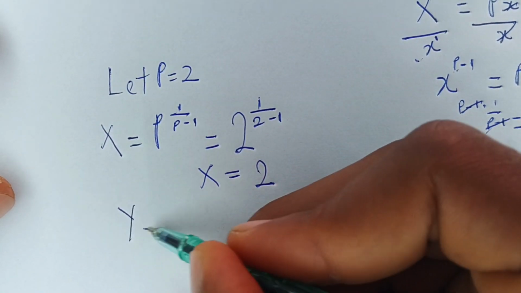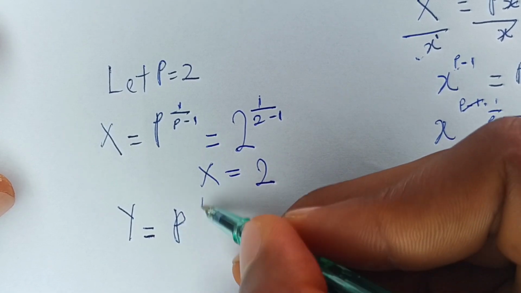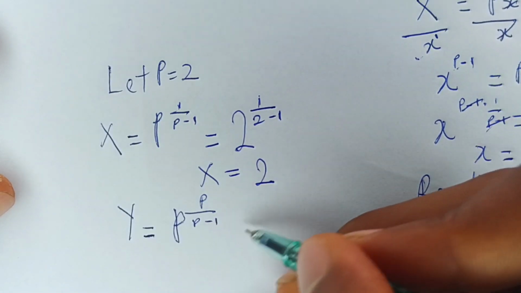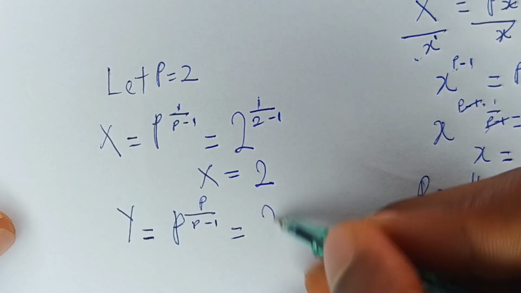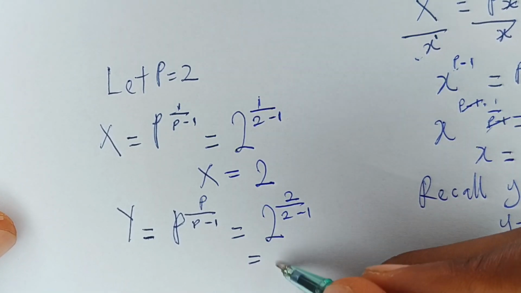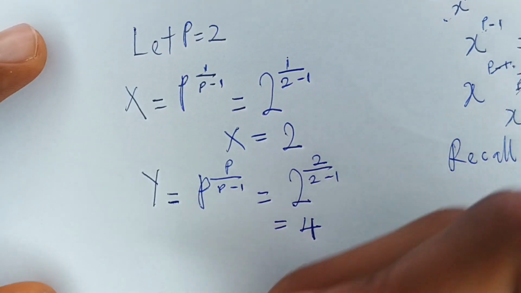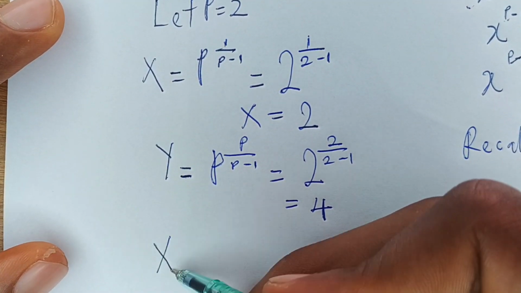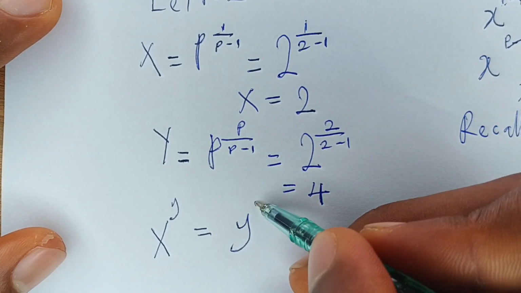Now what's our y? Our y is equal to p raised to the power p over p minus 1. And this is equal to, p is 2, so 2 raised to the power 2 over 2 minus 1, which is equal to 4. So we check the equation that x raised to the power y is equal to y raised to the power x.